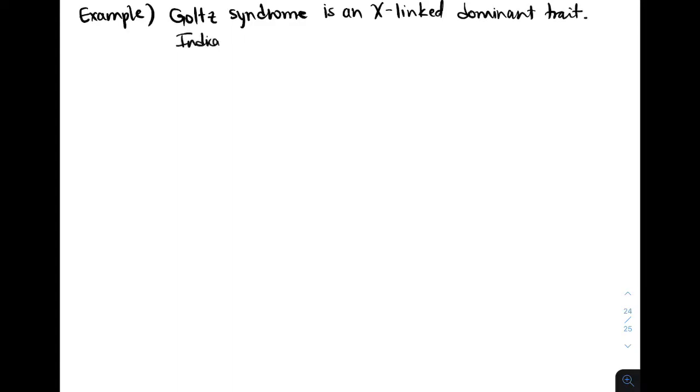Alright, let's look at one final example. Goltz syndrome is an X-linked dominant trait. Let's indicate the genotypes of all individuals in the pedigree.